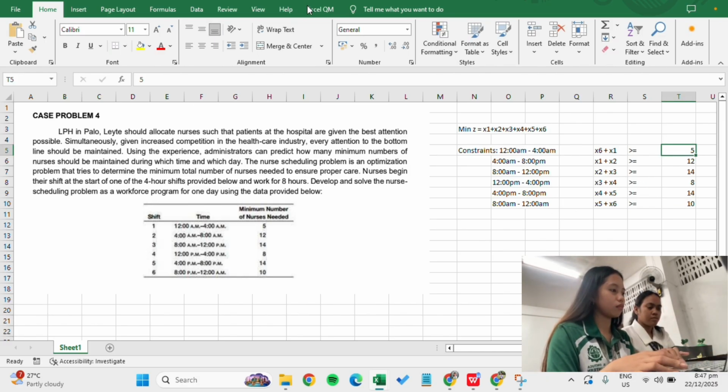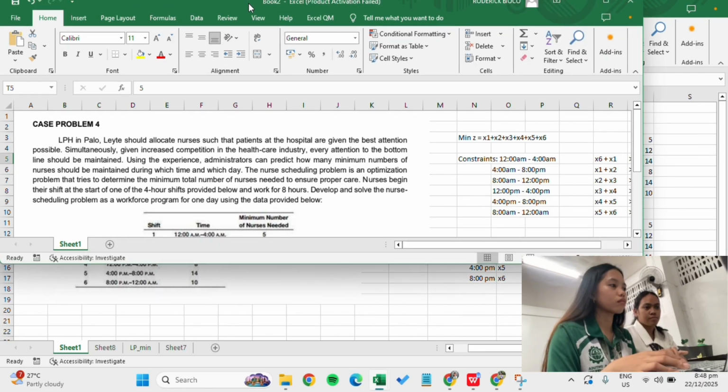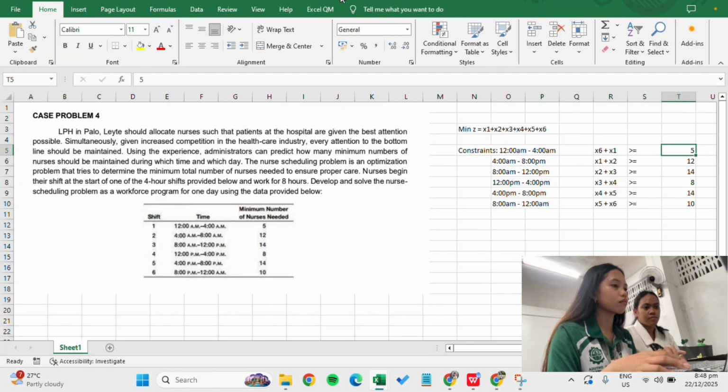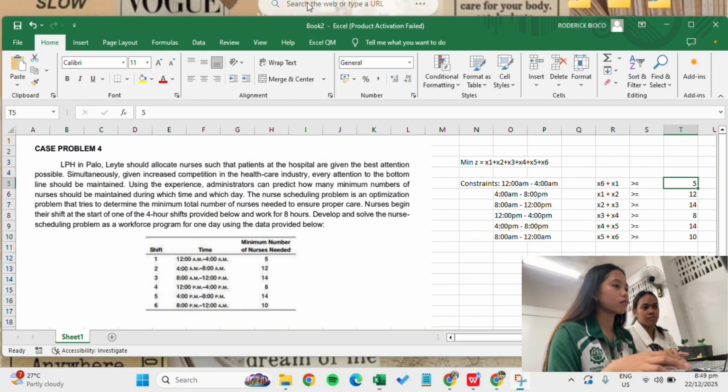Next, click the XLQM. Next, click the XLQM, the alphabetic time.